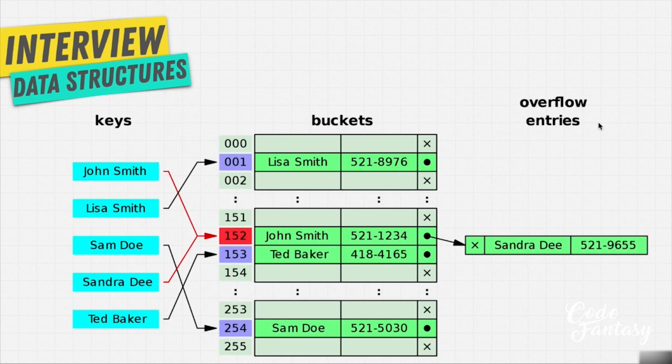And remember with our hash tables, how we had this issue of collision. And when we had a collision, we had to do something like this, where we combined John Smith and Sandra Dee into two nodes, and the first node pointed to the second node.